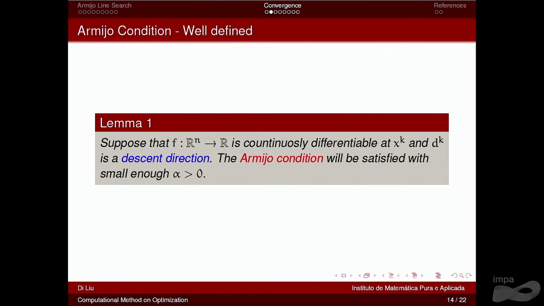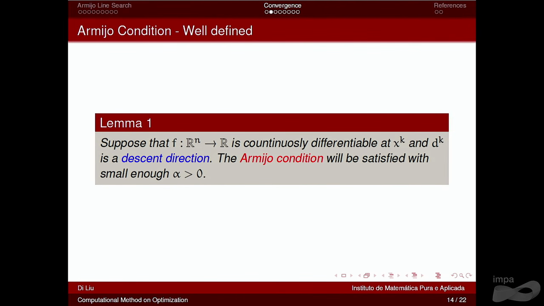Okay, so before we go to the analysis of the convergence, first we prove that the Armijo condition is well defined, okay? Be careful. It's not the Armijo line search, it's the Armijo condition that is well defined, which means in each iteration, you will finally find at least one step size which satisfies your Armijo condition, okay?